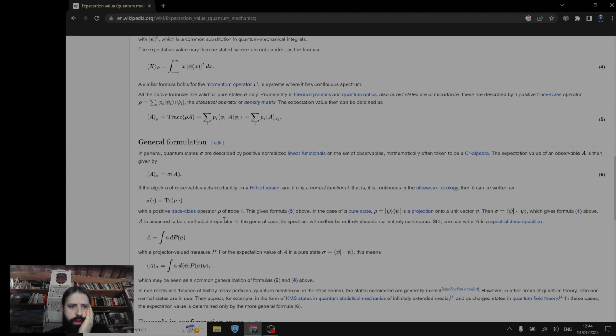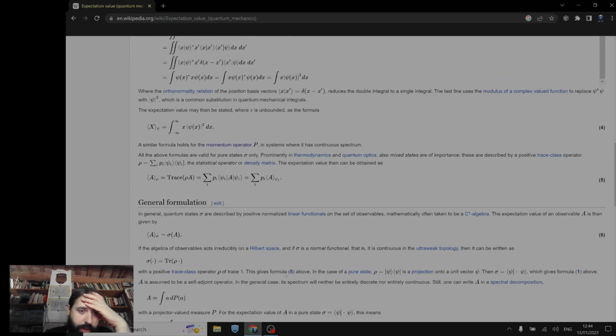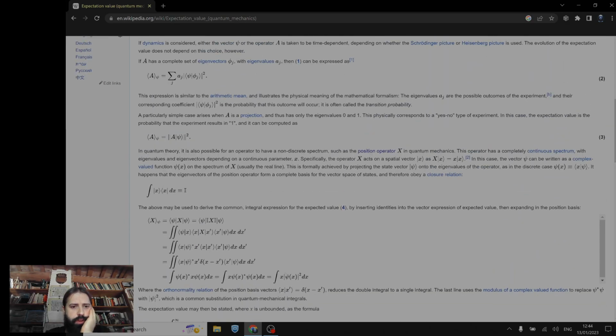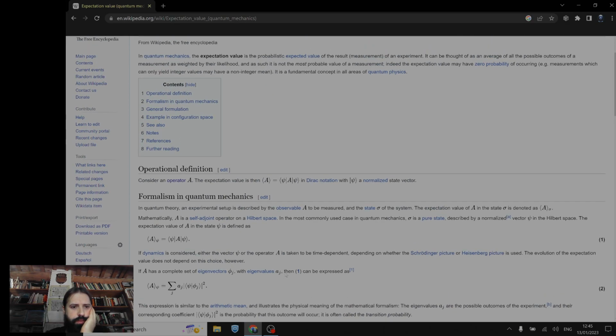Because the expectation value is in the end some sort of average, right? Expectation value. Operational definition. Consider operator A, the expectation value of the operator, right?